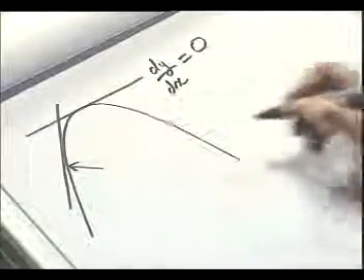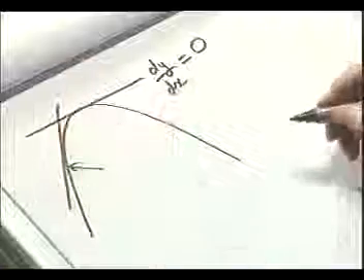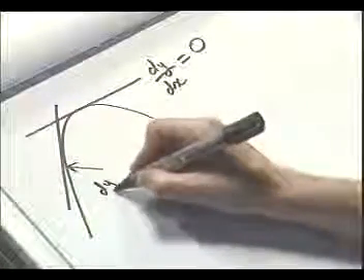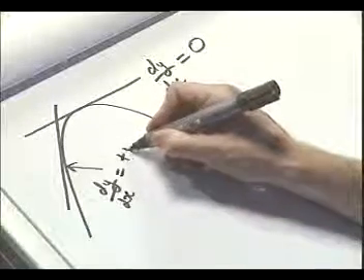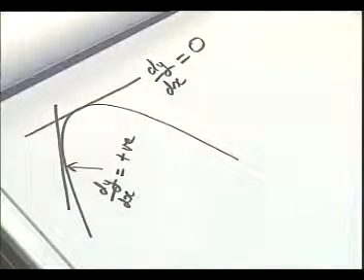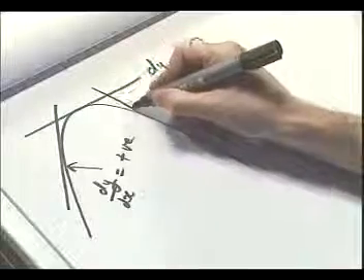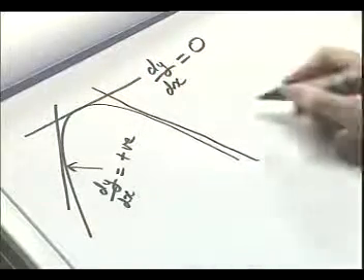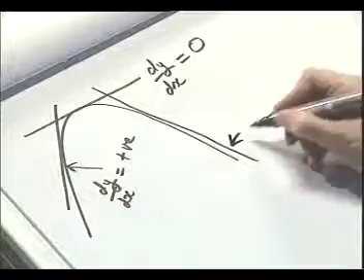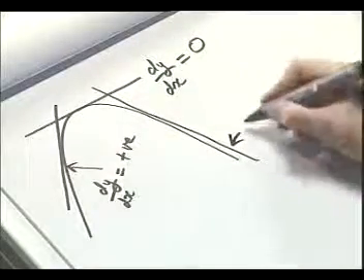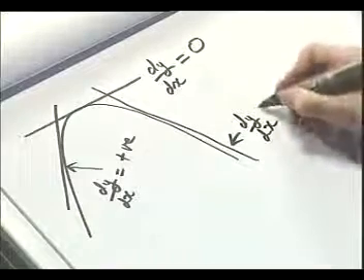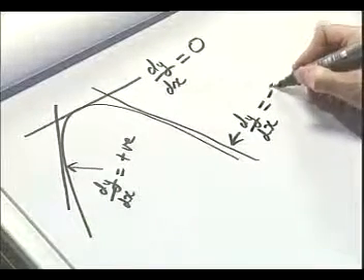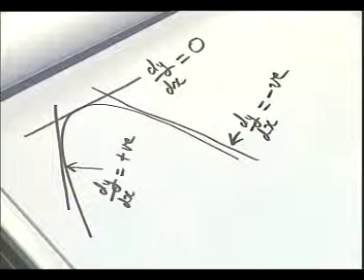We can see that we've got a line which has a positive slope to it, and so dy/dx is positive there. And now let's take somewhere just past the point, and we can see we've got a tangent where the slope is negative, and so dy/dx is negative.